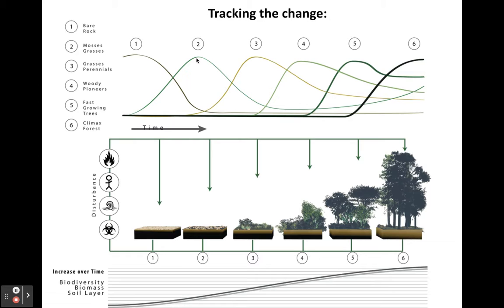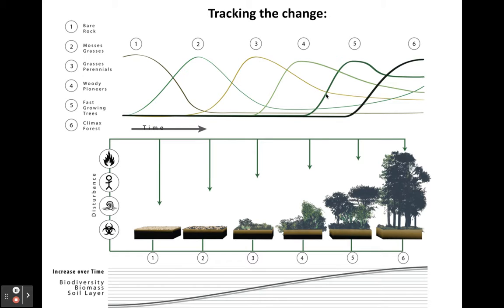However, more grasses and perennials, number 3, are going to start to enter the ecosystem, and there's maybe a thin layer of soil that's growing that makes it possible for them to exist. So they are going to start out-competing these early mosses and early grasses until those mosses and grasses decrease in their percentage of the community, and the third seral stage comes to dominate.